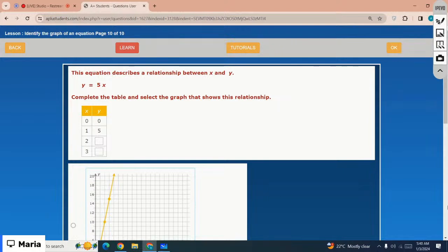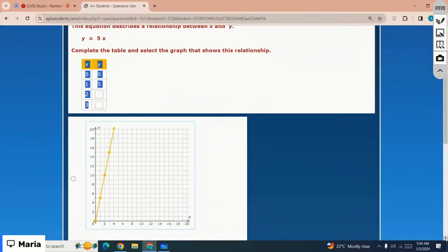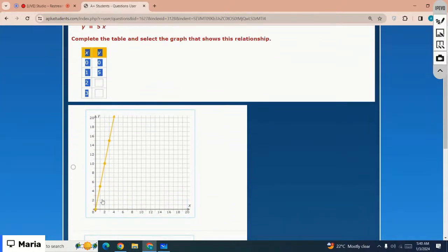You are given the table. I think x is 1, y is 5. Yes, that is the correct option. Option number 1 is the correct option.